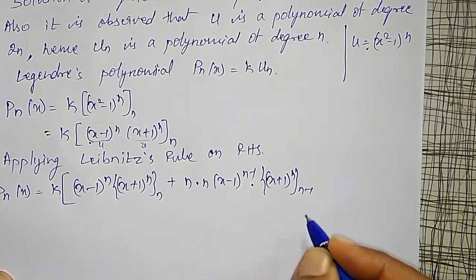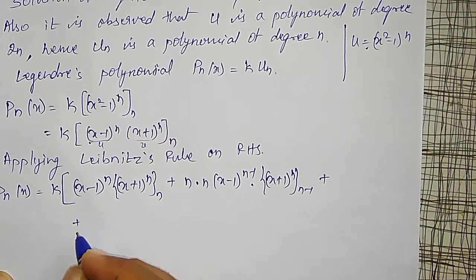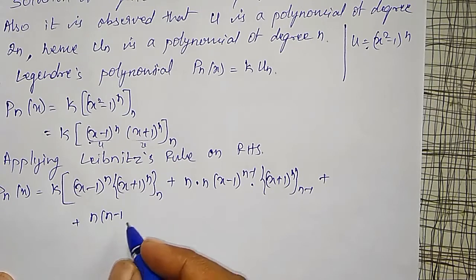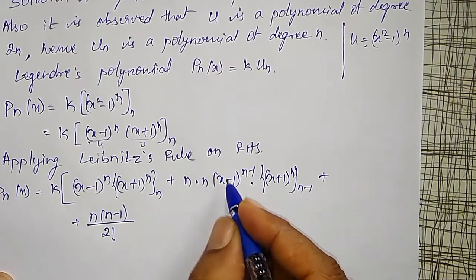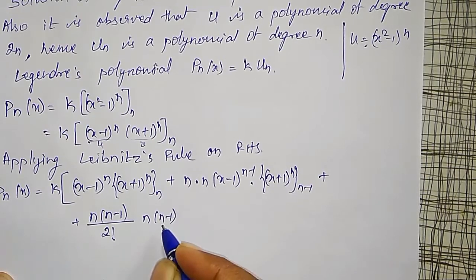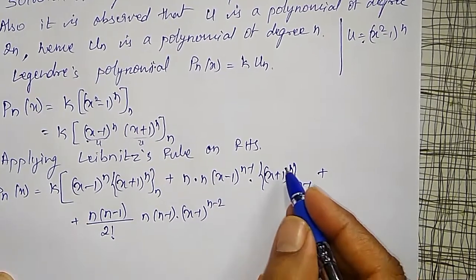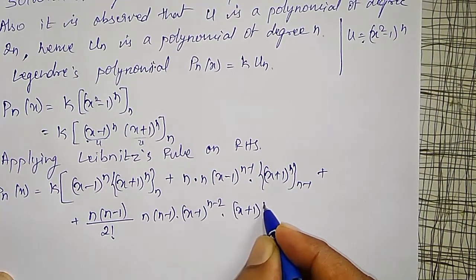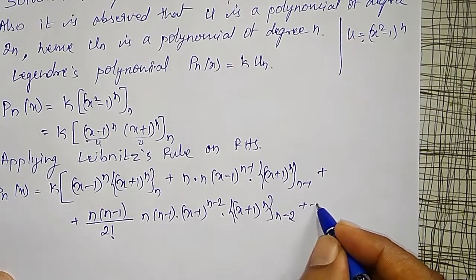Like that, the next term will be plus n into n minus 1 divided by 2 factorial, into n into n minus 1 into (x minus 1) raised to n minus 2 and the n minus 2th derivative of (x plus 1) raised to n, plus so on.